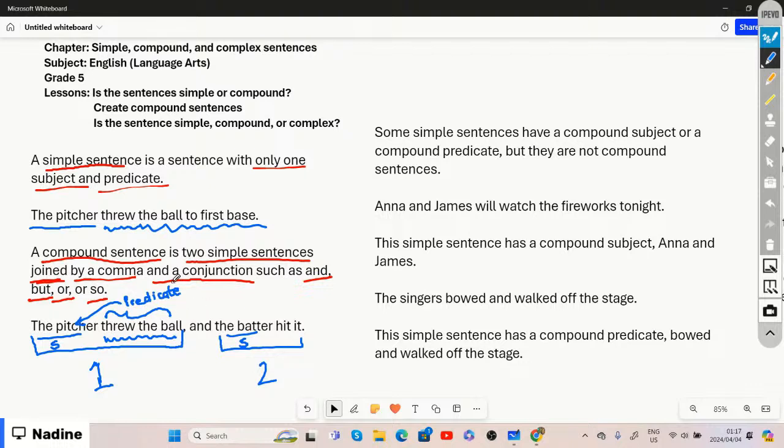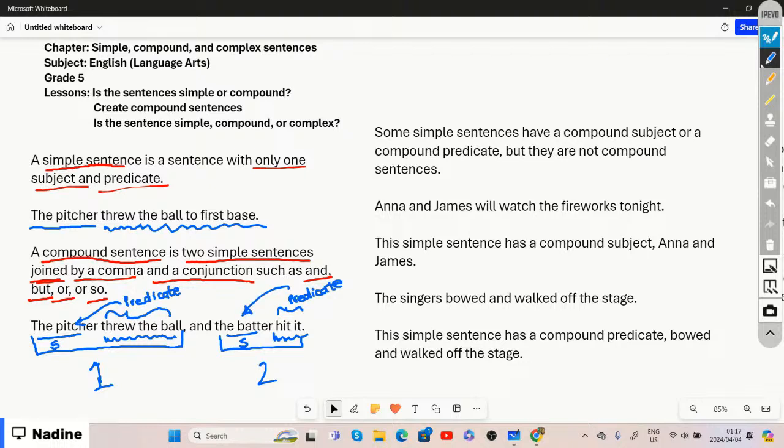The predicate tells us the action, what the subject did, and the subject is the batter. So we need to ask ourselves, what did the batter do? The batter hit it. So hit is a verb, but hit it is our predicate. That is the part of the sentence that shows the action that the subject, which is the batter, is doing.